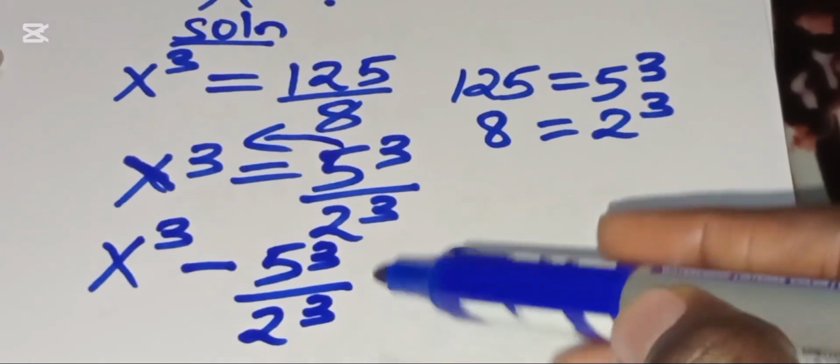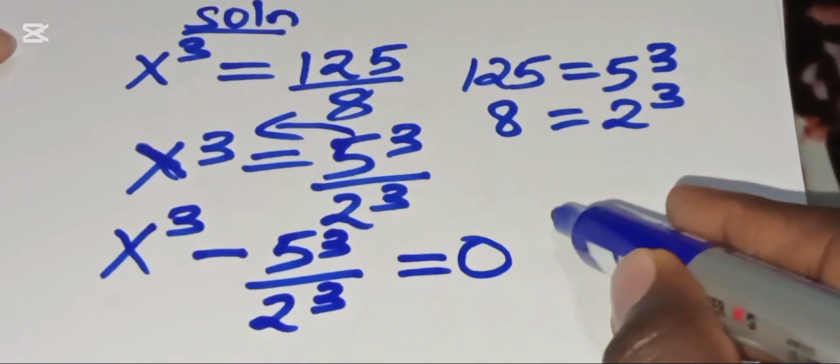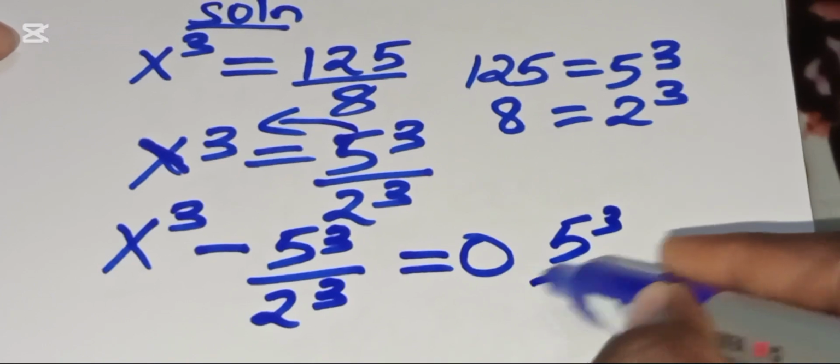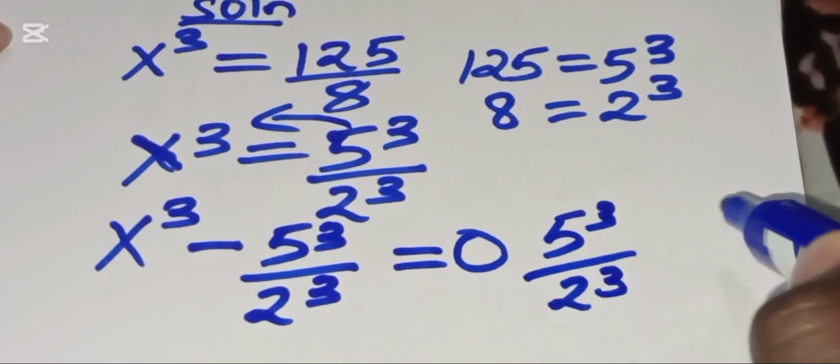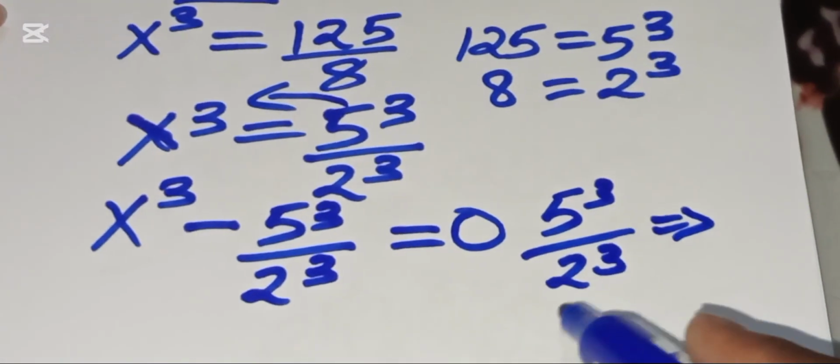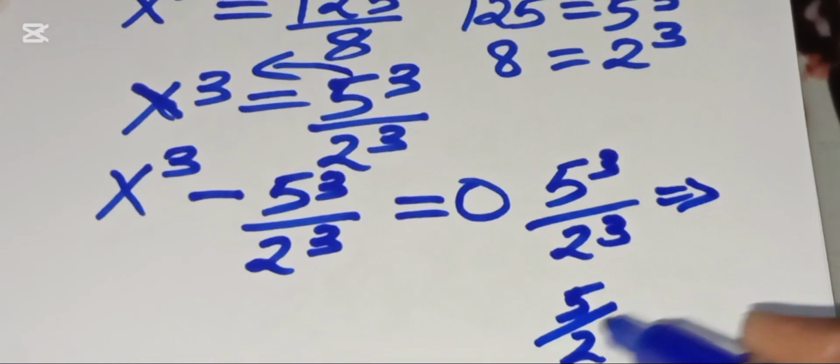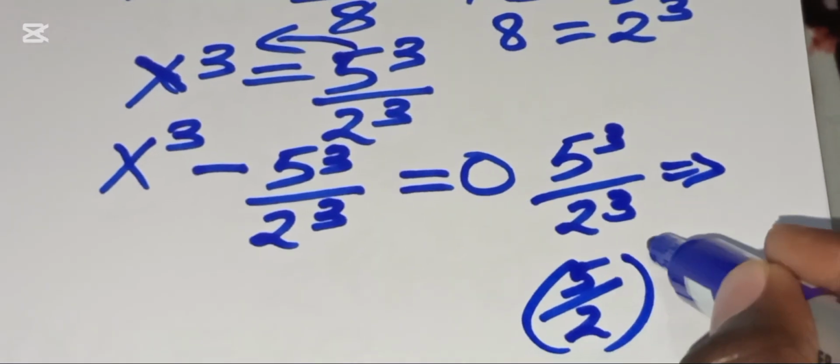Now, 5 cubed divided by 2 cubed can be expressed as 5 over 2 raised to power 3.